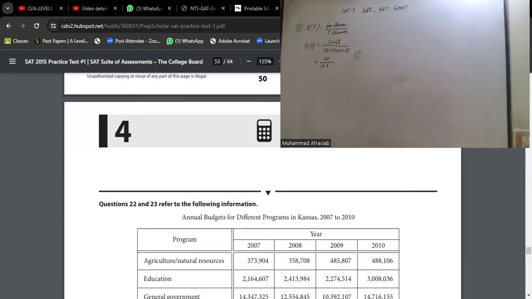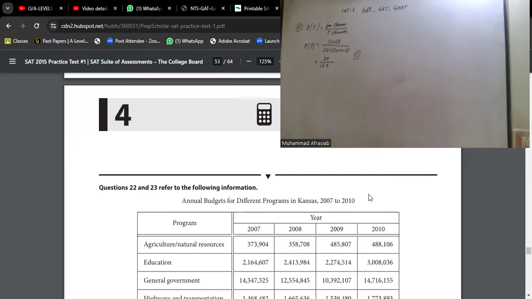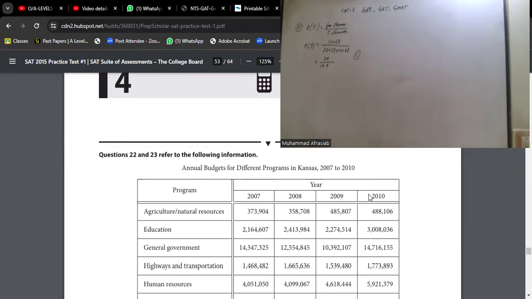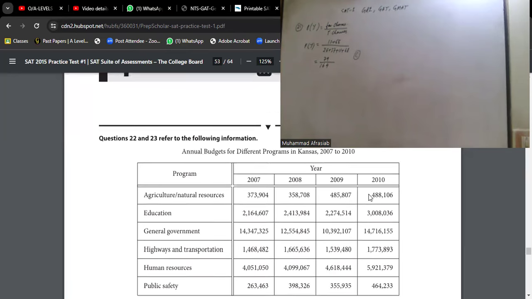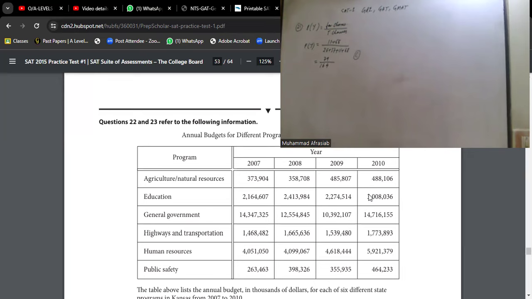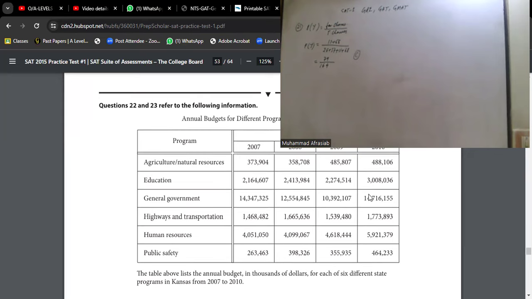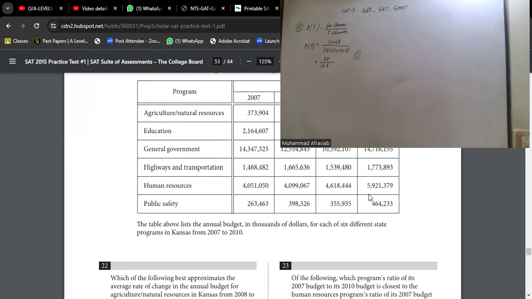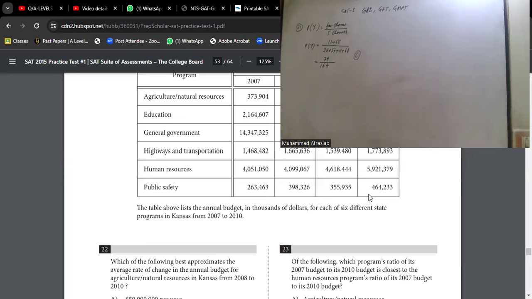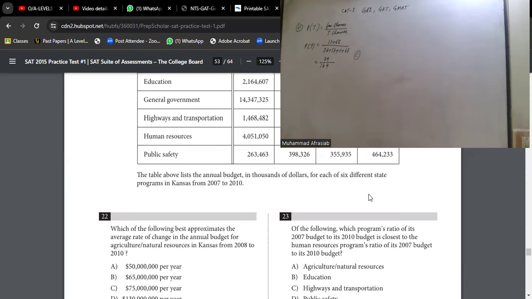They mentioned agriculture and natural resources, education, general government, highway and transportation, human resources, and public safety. And these are the budgets allocated for each year there. This is the information given to us in $1,000 for the 6 state programs from 2007 to 2010.